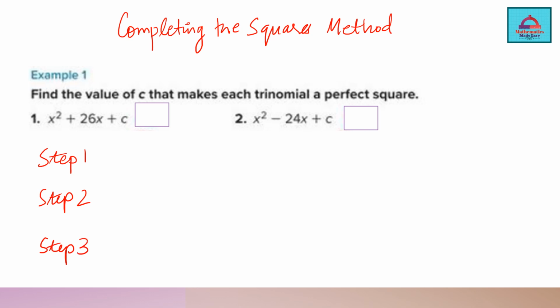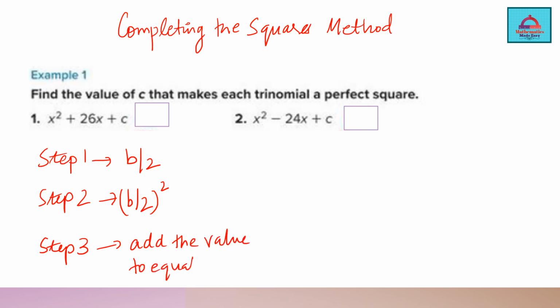Step 1 is to identify b, divide by 2, then take its square, and then in step 3 you add the value to the equation. So let's do that, and this works for ax square plus bx plus c. So we are looking at the standard form of a quadratic function.